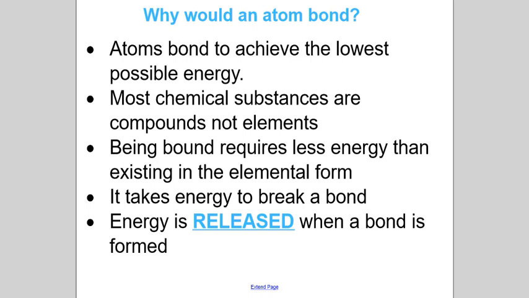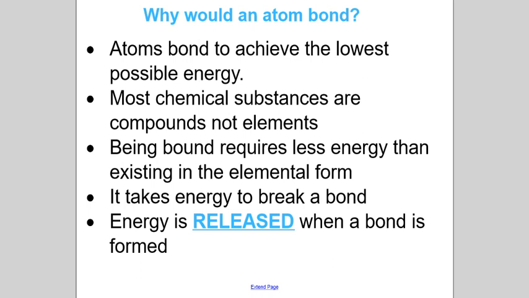Okay, so like I just said, they bond to achieve the lowest possible energy. Most chemical substances are compounds, not elements. So generally, we see that out there, elements like to be in bonds and in compounds; they generally don't float around by themselves. Being bound requires less energy.